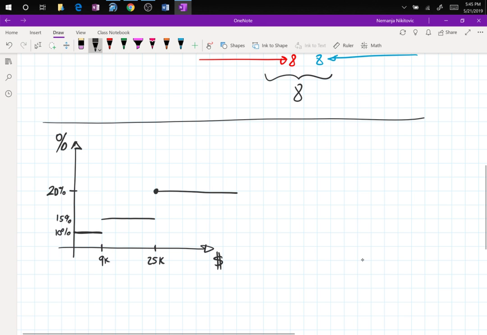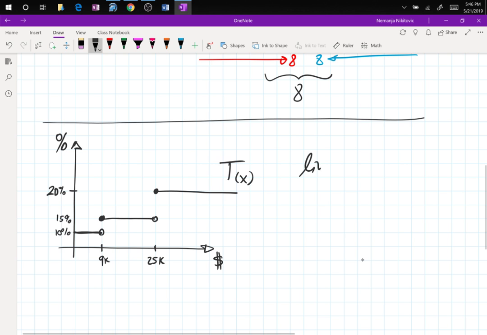If there is a closed circle here, there better be an open circle there. If it's a closed circle there, there better be an open circle here, because we know we can't have two closed circles, one on top of the other, because that ruins uniqueness and ruins the function and our day together with it in calculus. So now, I'll call this function T of x, as a tax function.